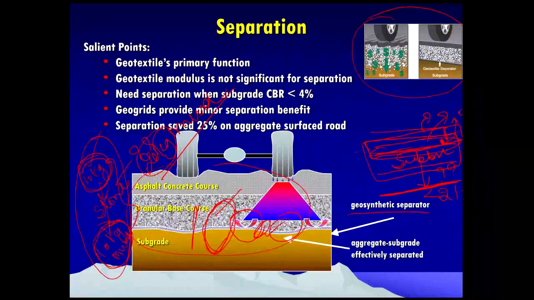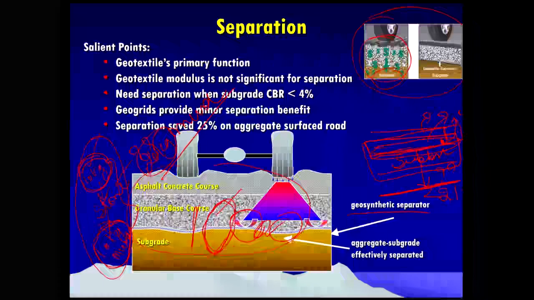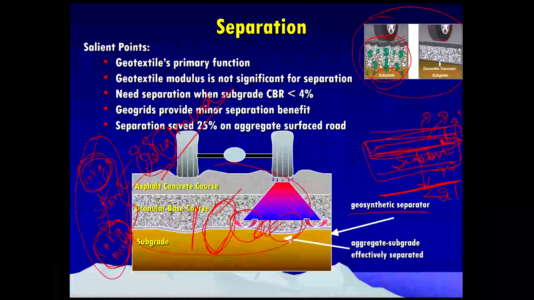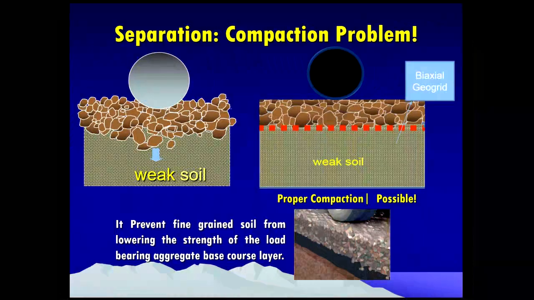You can see here the subgrade, the intermixing, how the fine grained soil is placed and how they are intermixing here. When they're laid with a separator function, you can see how the geotextile separator is performing.